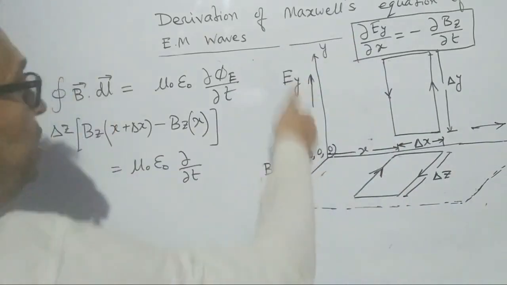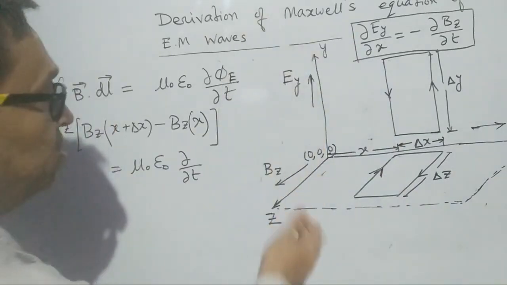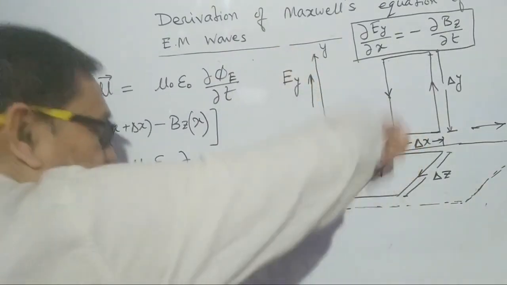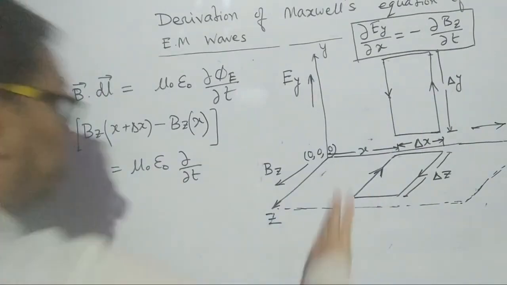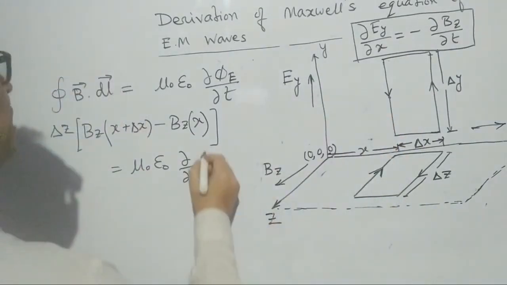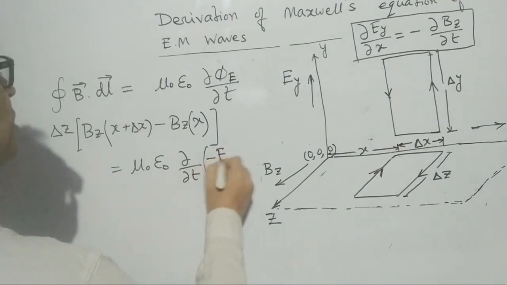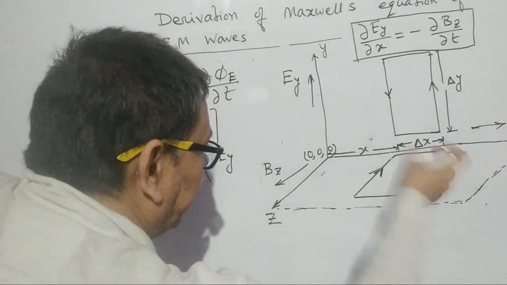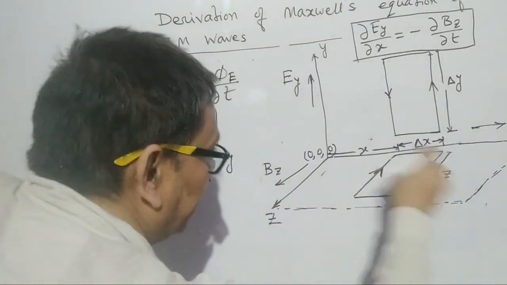And we have taken our Ey in positive direction. So what we have to do? No problem. So the magnetic field is downward direction. Electric field is downward direction. So we have to take minus Ey and the area. So area is delta x into delta z. So this is the area.